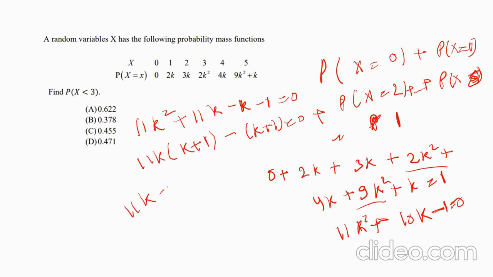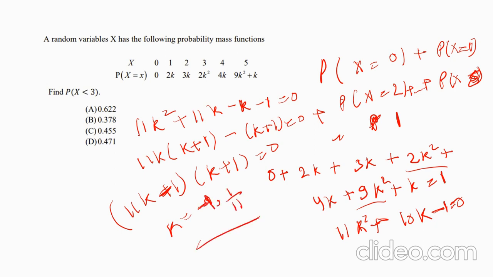So we have (11k minus 1) and (k plus 1) is equal to 0. So k is equal to minus. Now which value should we take and which value should we reject here?